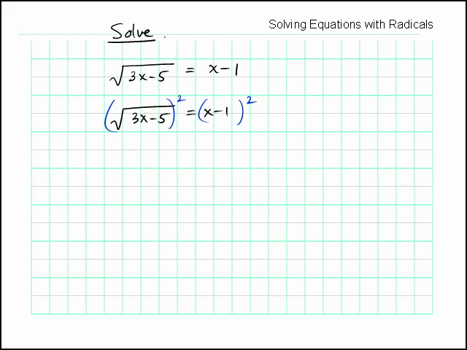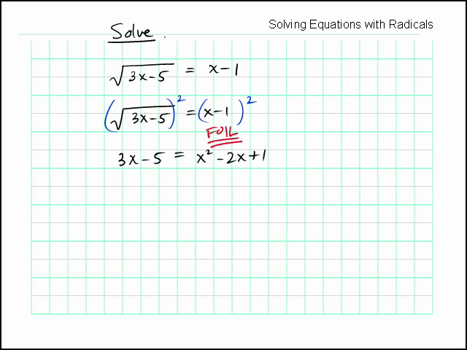There we go, I squared both sides. On the left side, we'll be left with 3x minus 5. And on the right side, properly FOILed out, I will get x squared minus 2x plus 1. Remember to FOIL it out squared.